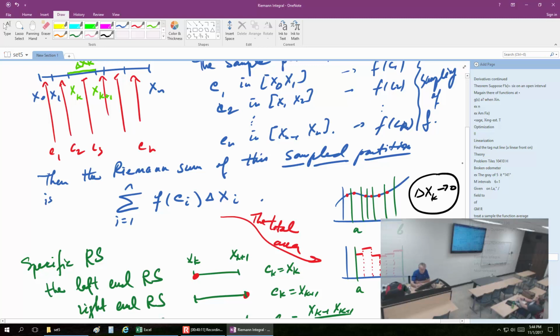That's what produces the Riemann integral from the Riemann sum, when the widths of those bars get thinner and thinner. But that's not all that's supposed to happen. What if you do it in a different way and it produces different results? That is not integrability once again. Okay, so let's see.